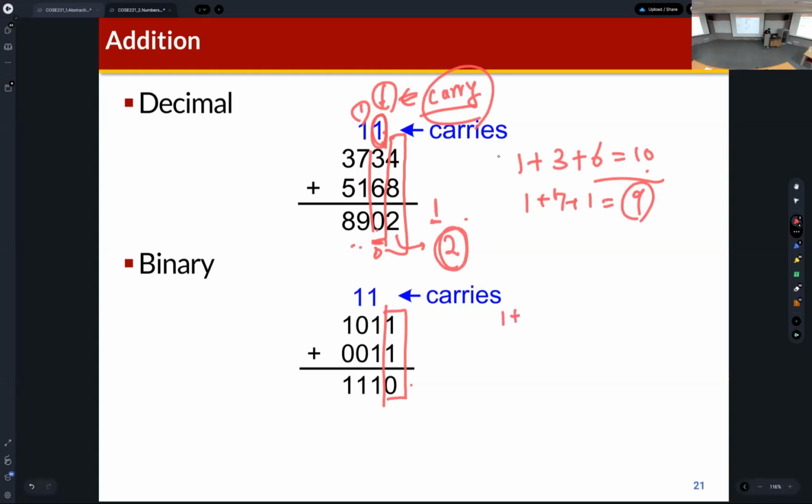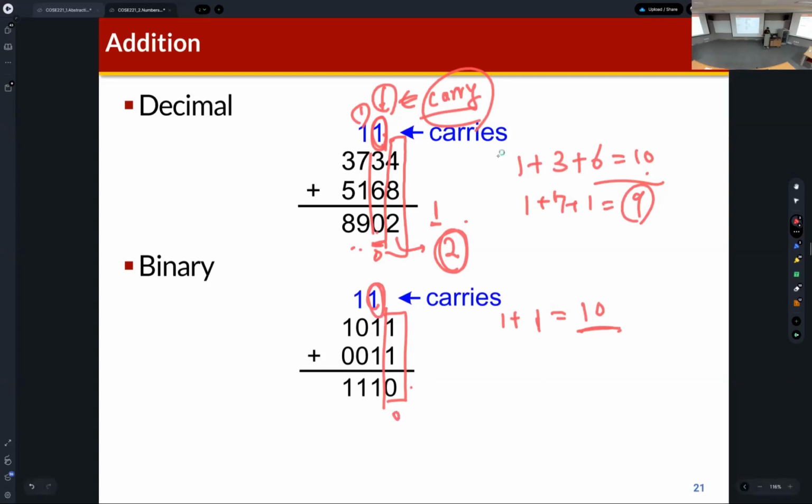So 1 plus 1 in the binary number system is 1, 0. Okay, 1, 0 cannot be represented using one digit of a binary number, so a carry is generated. So this will become 0, and the carry is generated.